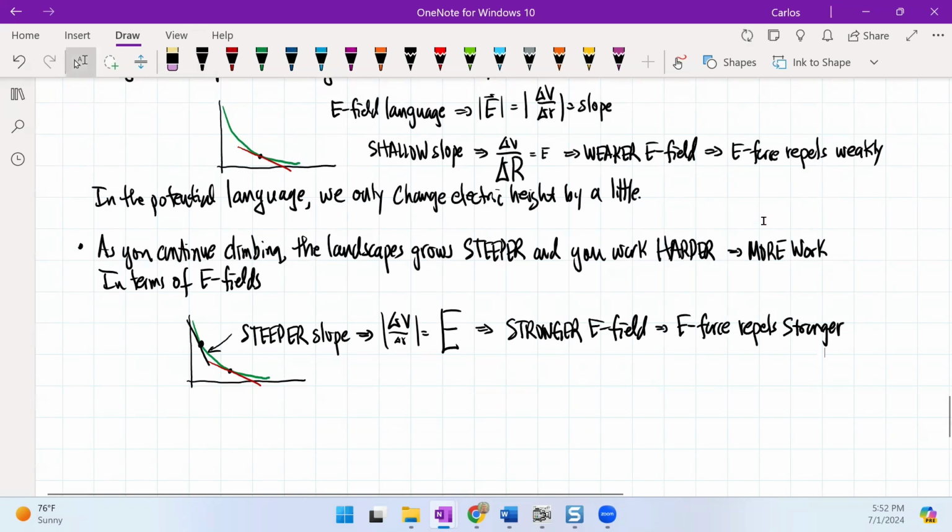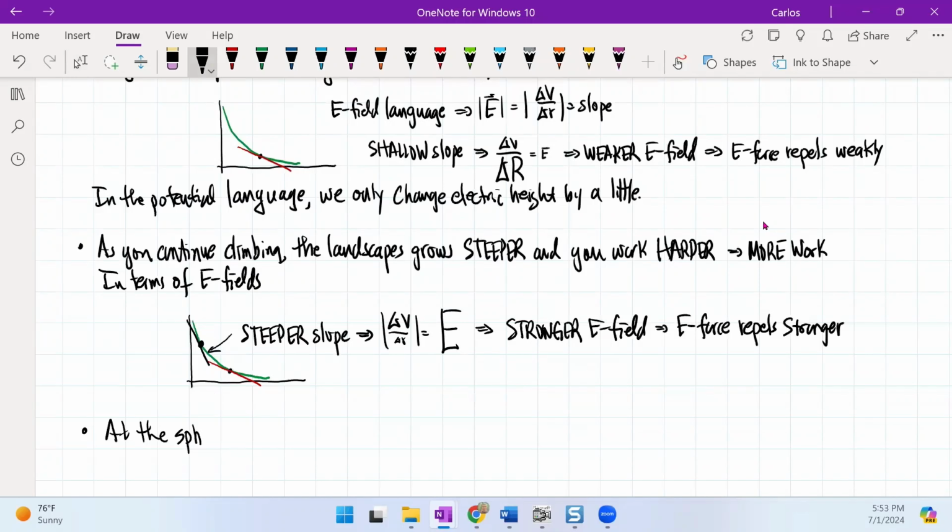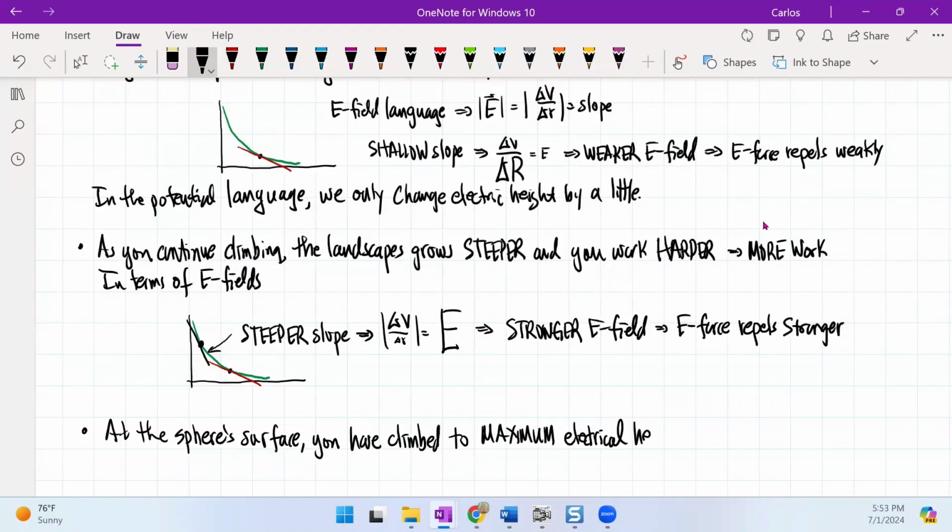So then finally, we get to the surface. At the sphere's surface, you have climbed to maximum electrical height, of Vmax, which is also going to be the height at the surface.